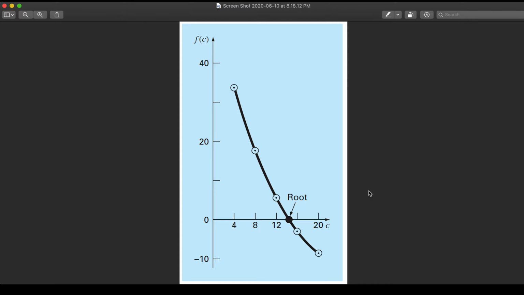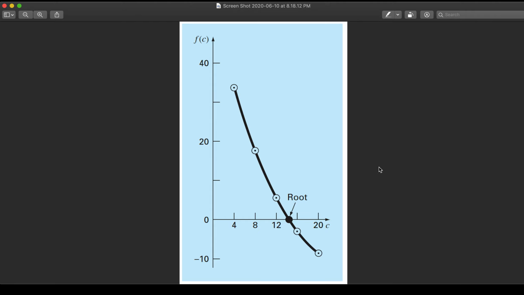So what this method does is that it creates a test in which the user or the engineer, whoever, takes a guess as to where the root might be, and guesses two values, the lower value and the upper value. And then it conducts a test in which the function is evaluated at those guesses.